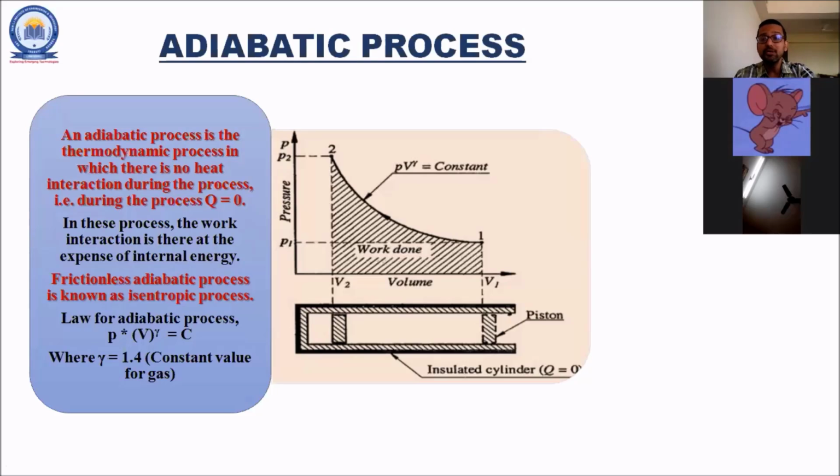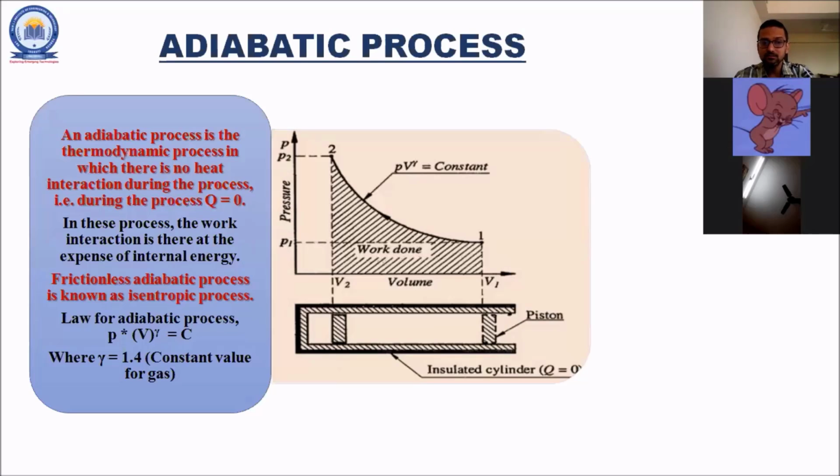So if we want work to be done in an adiabatic process, the work is necessarily done at the expense of the internal energy, because in the adiabatic process there is no heat transfer.